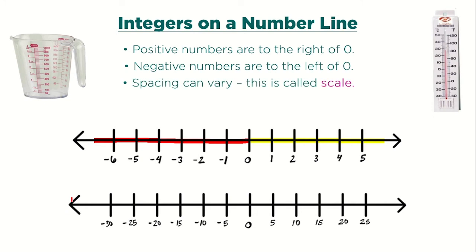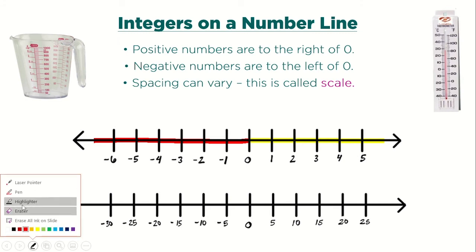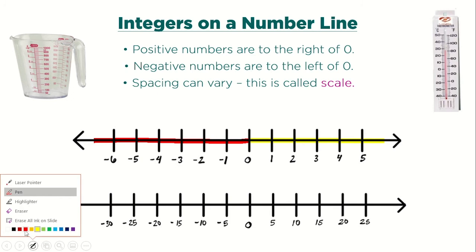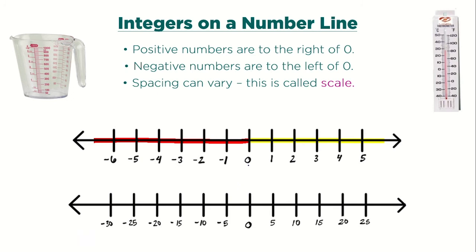Lastly, spacing can vary. We call this one the scale. So for example, if we look at our first number line, you will notice that from 0, you just have to add 1. So it becomes 1, 2, 3, 4, 5. So that means that our scale here is 1.